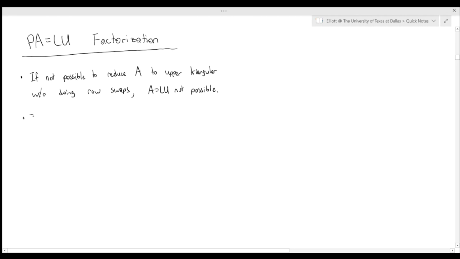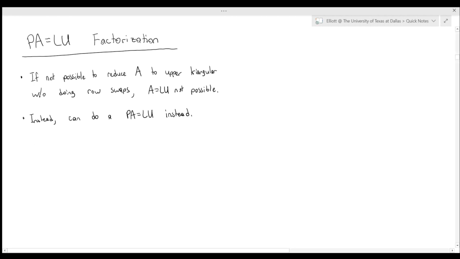But instead, you can get a PA equals LU. And that matrix P is a permutation matrix corresponding to the row swaps that you perform. We'll talk about how that works.